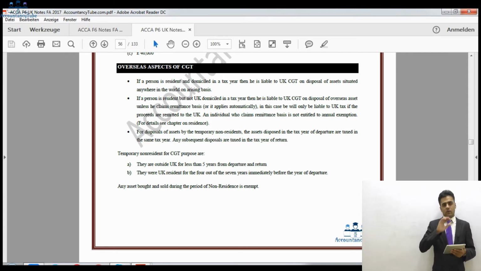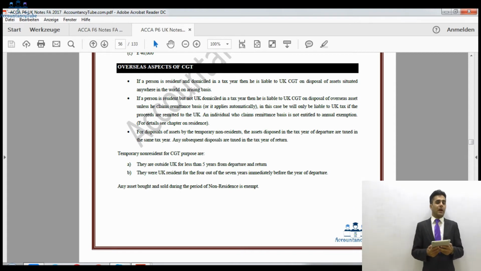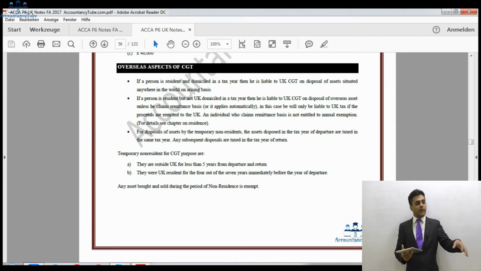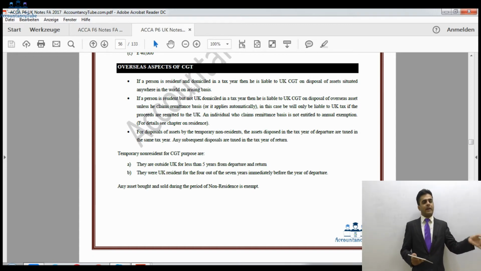Now, when I am away from the UK, I might be buying some assets. So I'm living in India, then I'm buying assets in the UK, and then I'm selling as well. So I'm sitting outside the UK, buying and selling the same assets. If I buy an asset in the period of absence and I sell the asset in the period of absence as well, that specific asset will not be taxable.